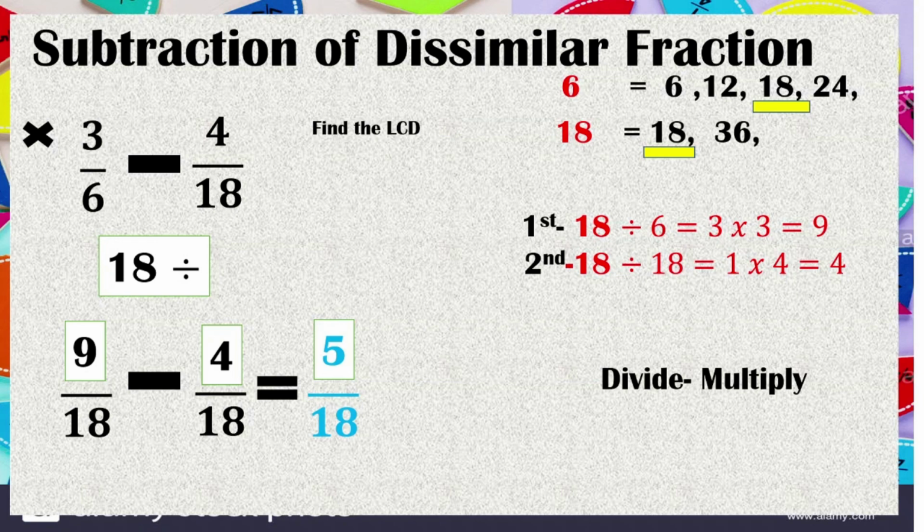Wala na. So 3 over 6 minus 4 over 18 is equal to 5 over 18. That is the end of adding and subtracting dissimilar fractions.